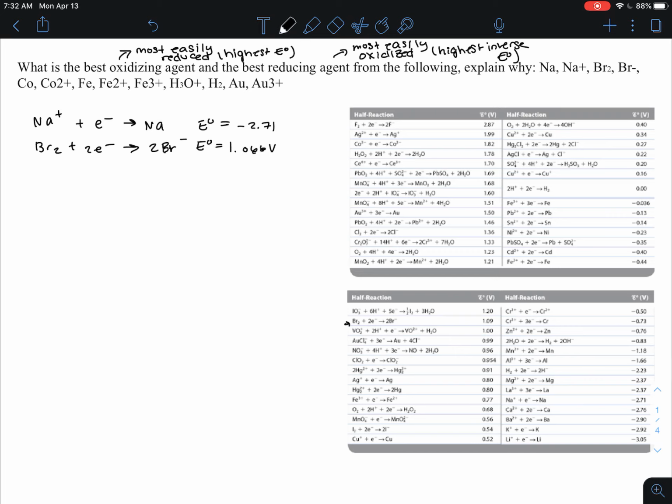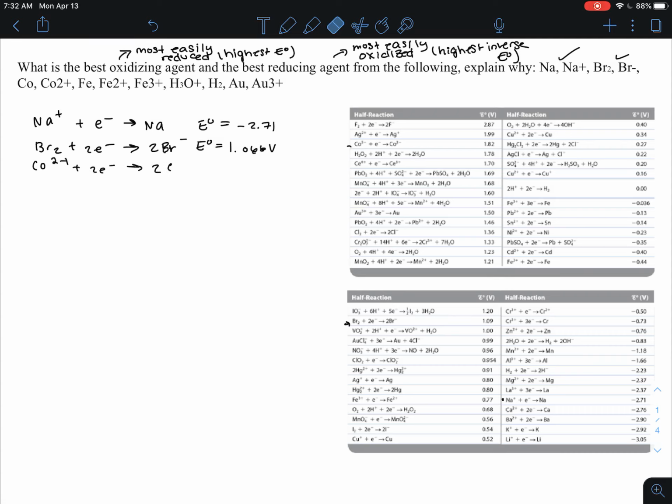You do not have to write every single one out like I'm doing. It's just, for me personally, I like to do that so I can help visualize what's going on. Now I have my cobalt and my cobalt 2+. Let's see, is cobalt on my little chart here? Oh, there it is, cobalt.